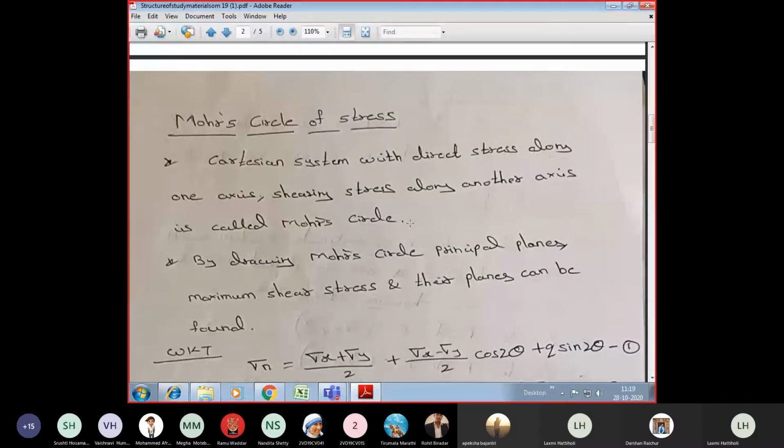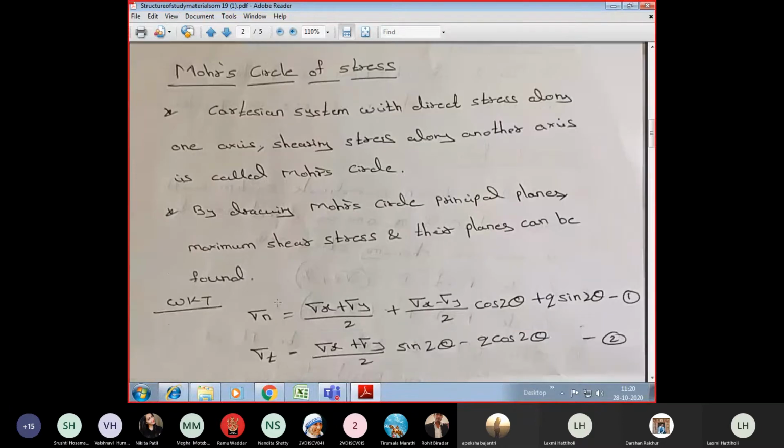If you take those direct stresses along the x-axis and shearing stress, that is tau max, as the y-axis, such a system or that circle is called Mohr's circle. In Mohr's circle, you take the x-axis as direct stress and the y-axis as shearing stress. By drawing this Mohr's circle, the principal planes, maximum shearing stress, and their planes can be found out.